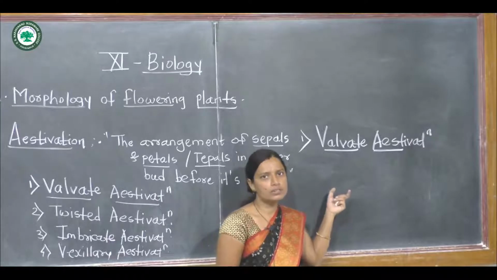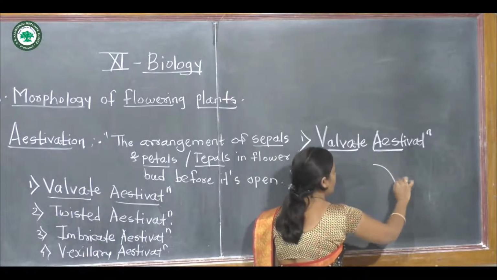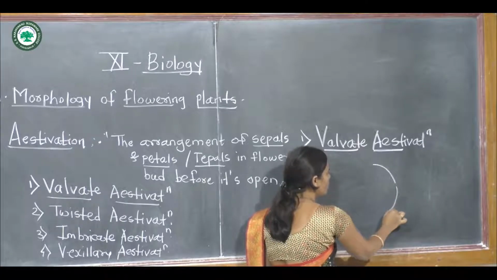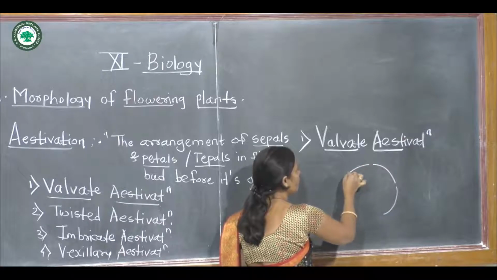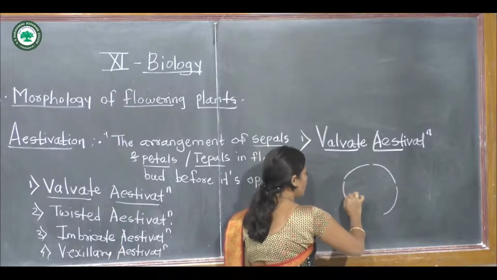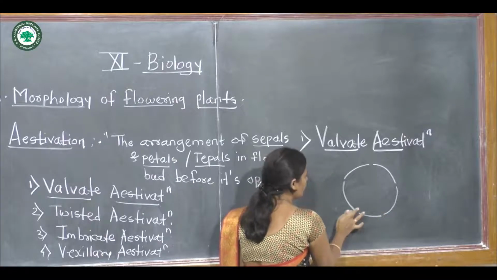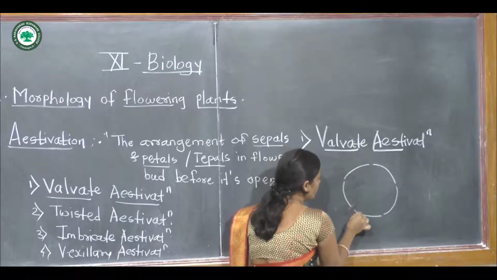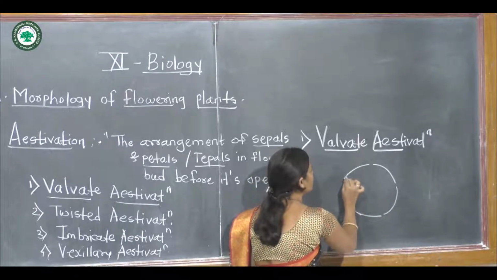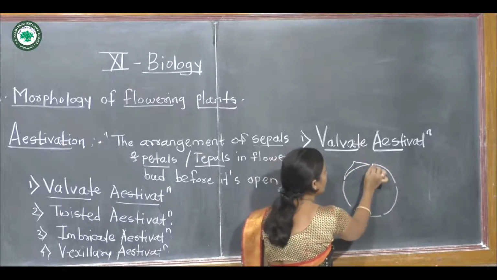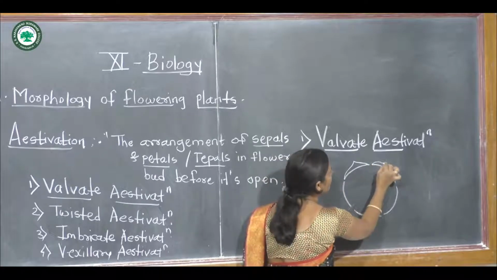Now the structure of this estivation. This is the calyx, or sepals. These sepals are five in number and are arranged in a specific manner, with the margins of the sepals or petals in contact with each other.